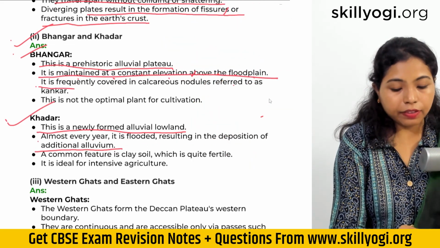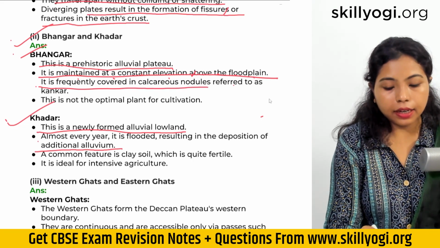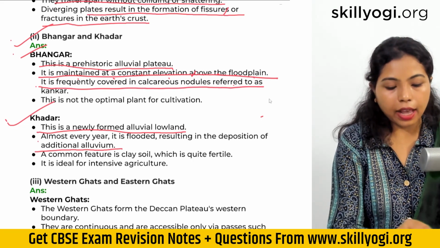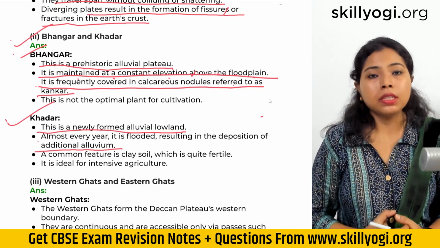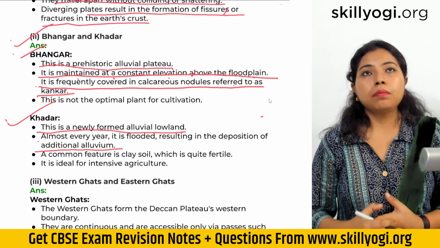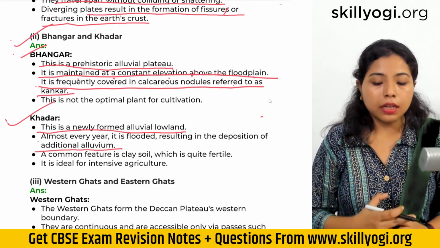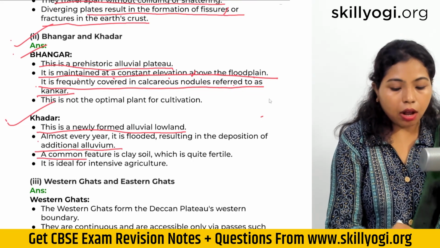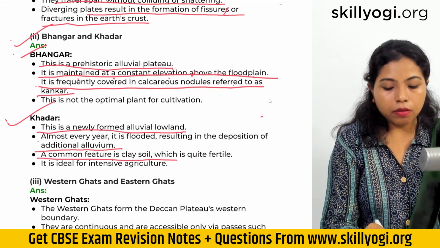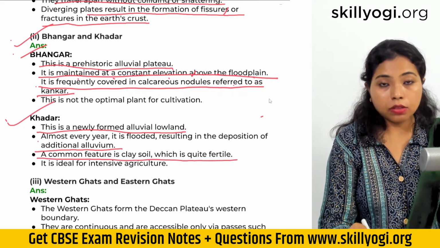Bhangar is frequently covered with calcareous nodules referred to as kankar. So Bhangar is mainly made up of soils with kankars or pebbles. And in Khadar, a common feature is clay soil which is quite fertile.